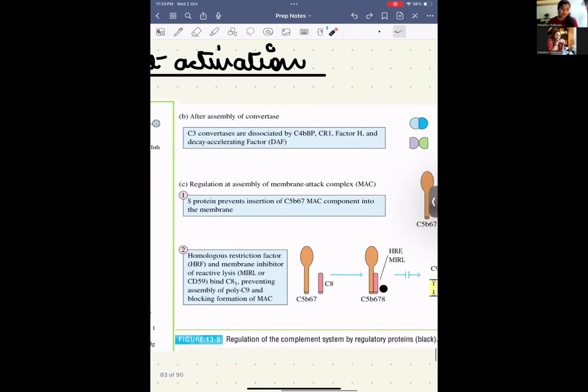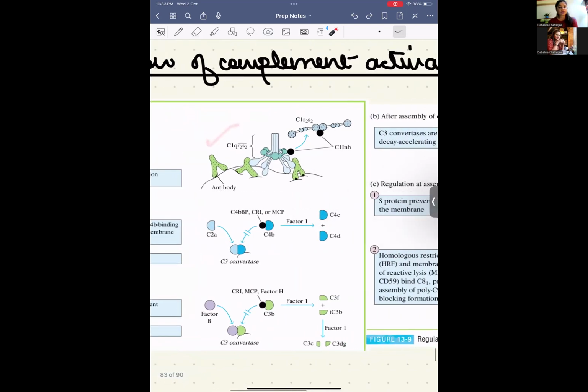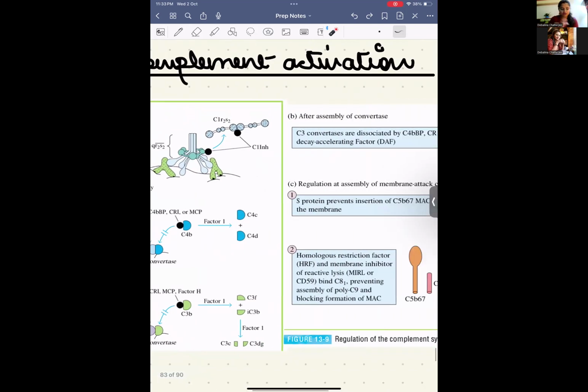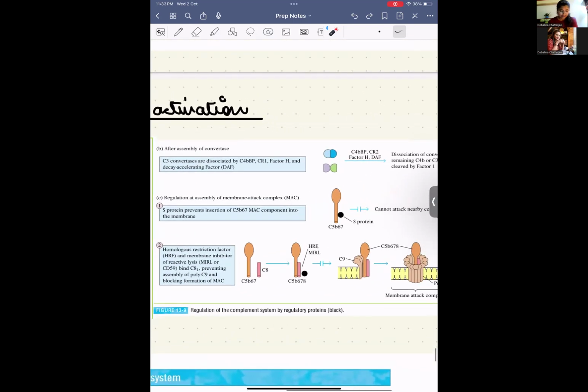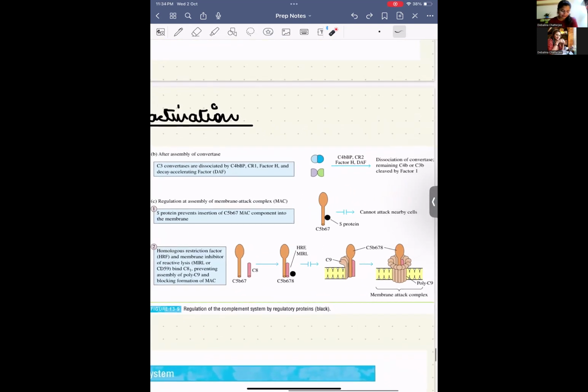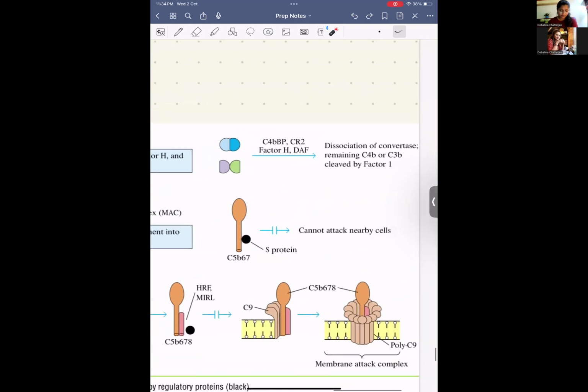All of this was happening prior to the assembly of C3 convertase. If the convertase has assembled, the next check that can happen is that the C3 convertase is dissociated by certain other factors. Which factors?